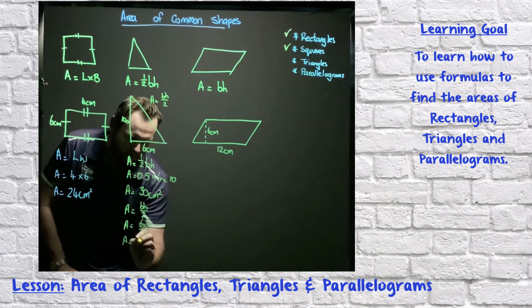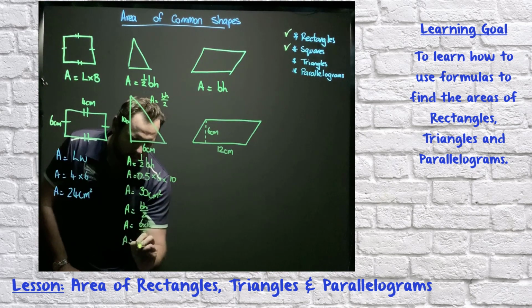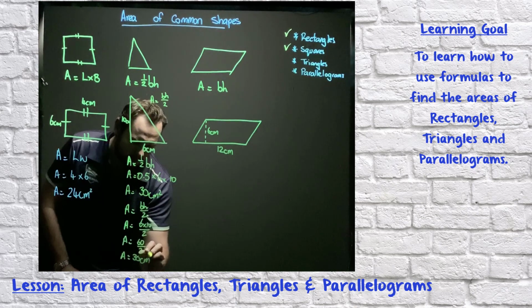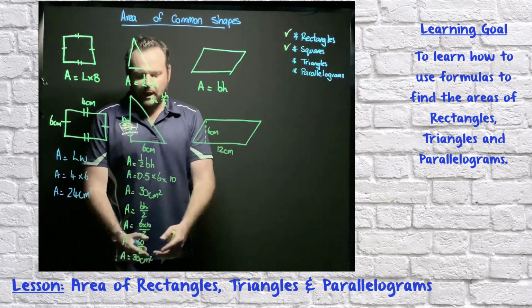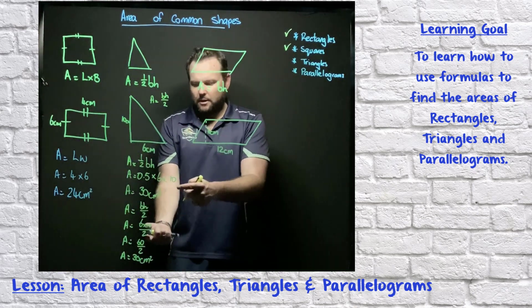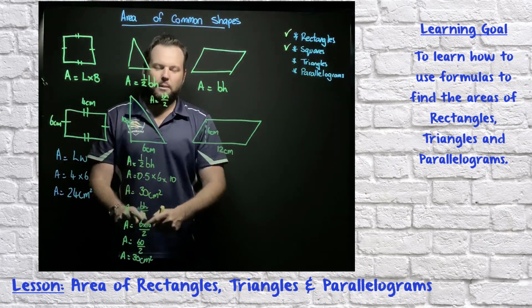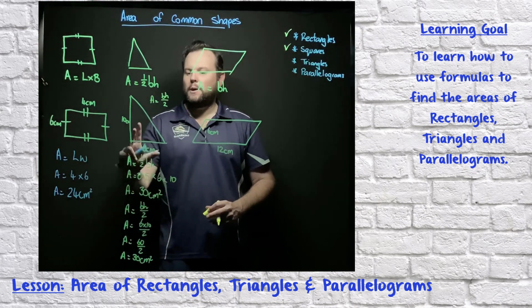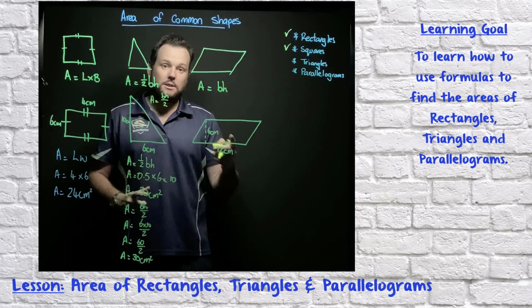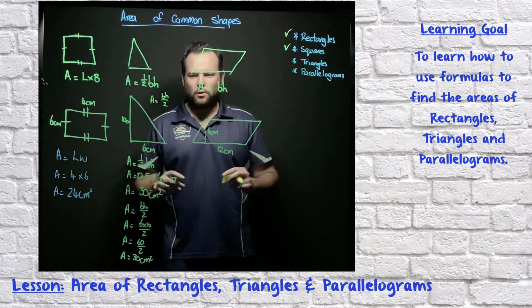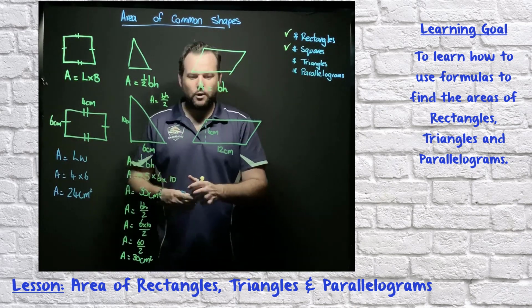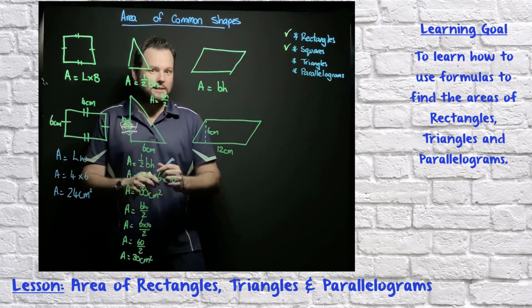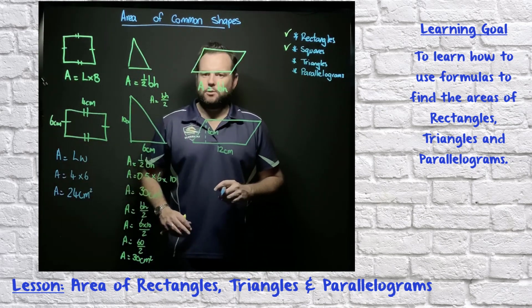So area equals 60 divided by 2, which gives me 30 centimeters squared. Okay, exactly the same answer, just a different method of doing it. So if you would prefer to times these two together and then divide it by 2, that's no worries at all. You can do that. We're not going to say no to getting the right answer in a different way that's still correct.